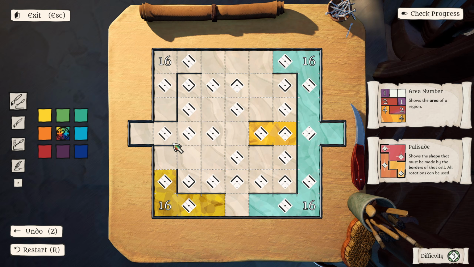If it's not, then this would be... It can't be a cross. But let me just double check this corner here. This is parallel to that. That's parallel to that. This must carry on this way. If this... Well, this has to be a cup.